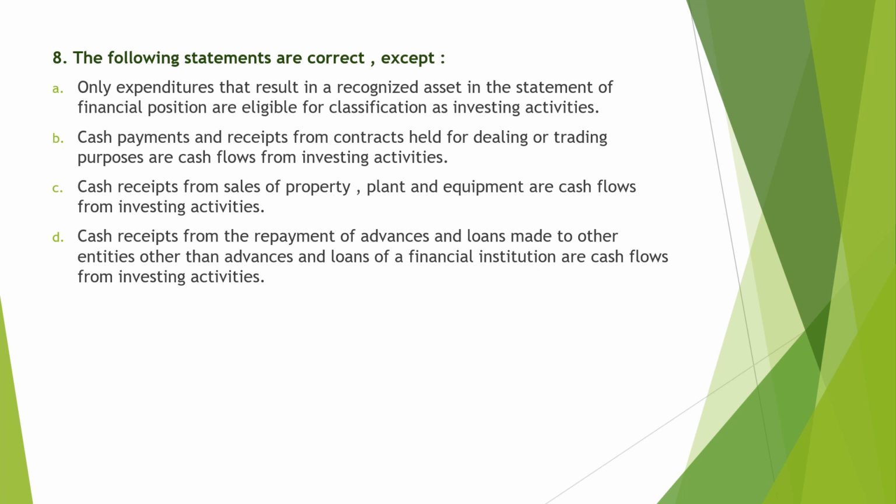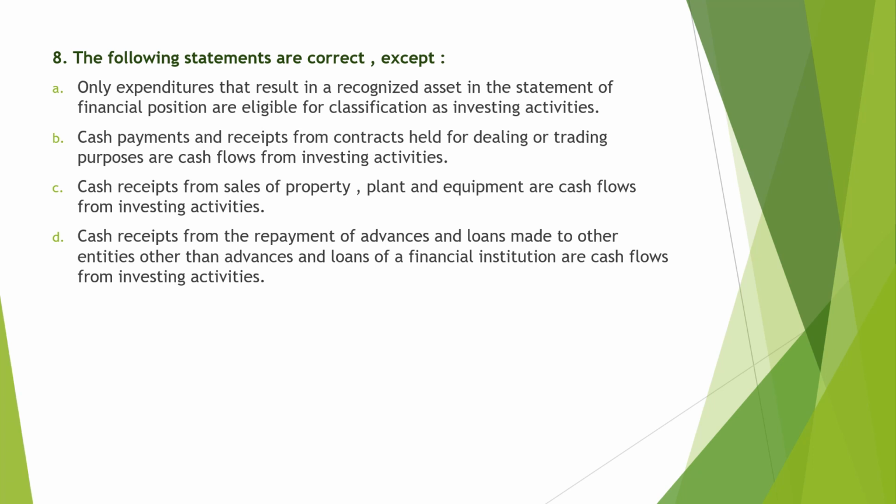8. The following statements are correct except letter A, only expenditure that result in a recognized asset and the statement of financial position are eligible for classification as investing activities. Letter A is correct. So, only expenditure that result in a recognized asset.